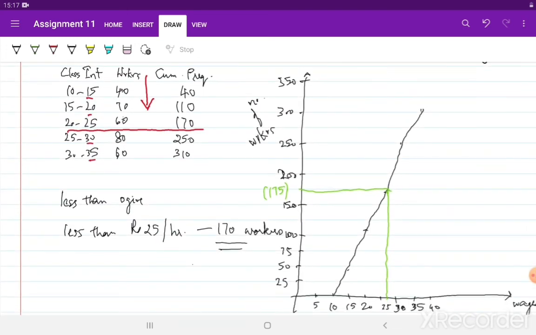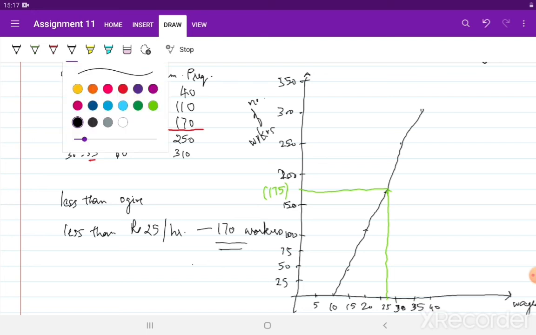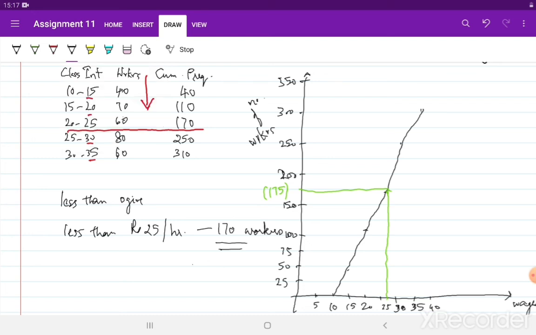you know that 170 workers out of the total are receiving less than rupees 25, which means those who are getting at least 25 per hour are 310 minus 170, which is equal to 140.